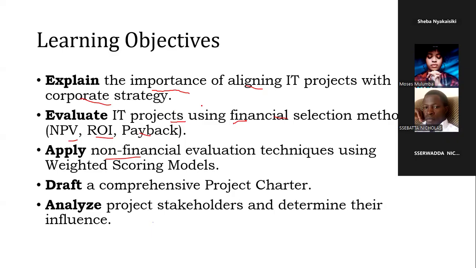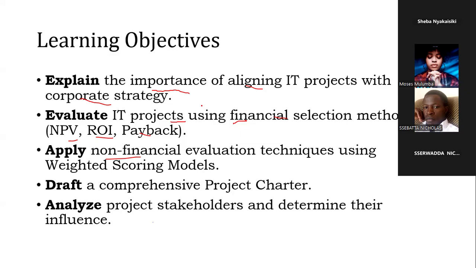Sometimes when we're trying to select a project, we just look at the financial side, but there are other things that are important. For example, you may want to understand the security that comes with a particular system. You may want to understand the support that may come with a system.